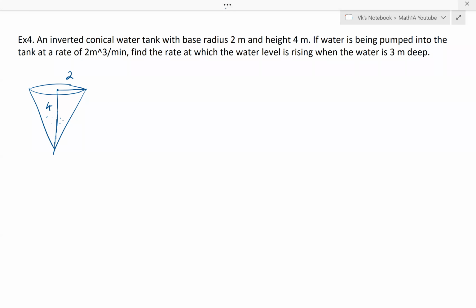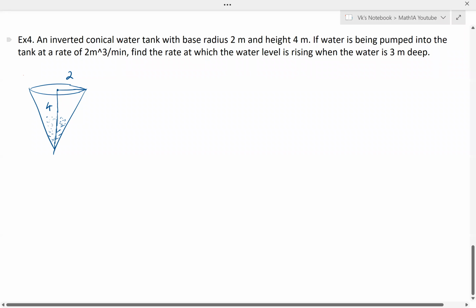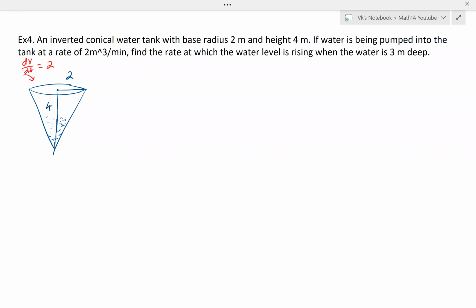So at any time t, the water is filling up. And the rate of the water being pumped in is the change in volume, dV over dt is 2 cubic meters per minute. So at any time t, we have a radius r and a height h here.